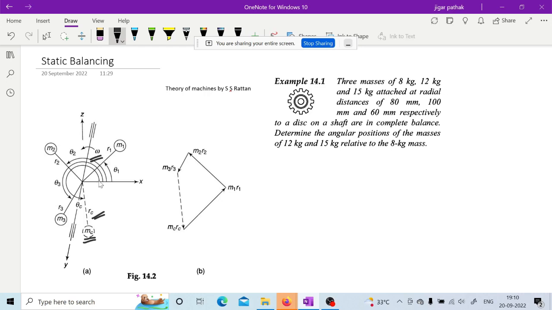So in static balancing you need to go for only force balance, because you are not having any couple generated in this case, since all the masses are in the same plane and generating unbalanced force.